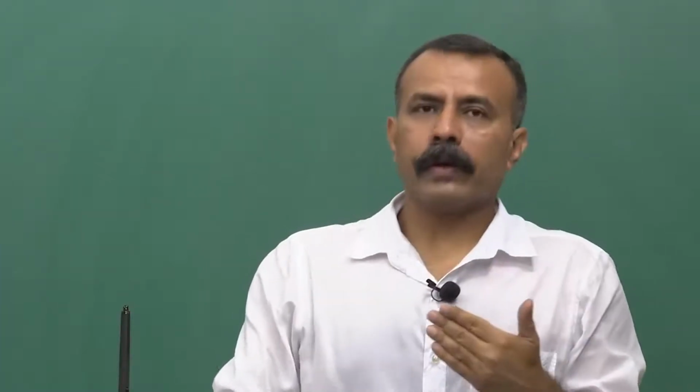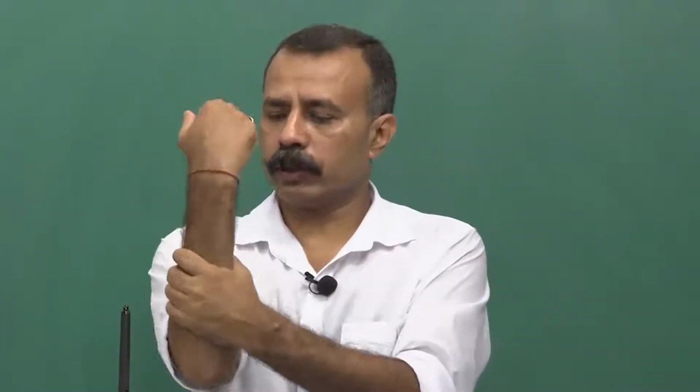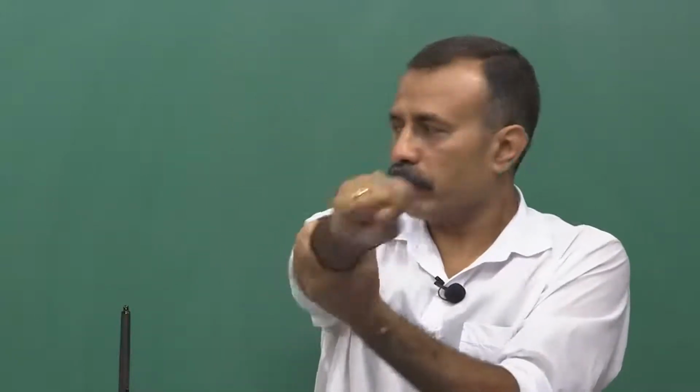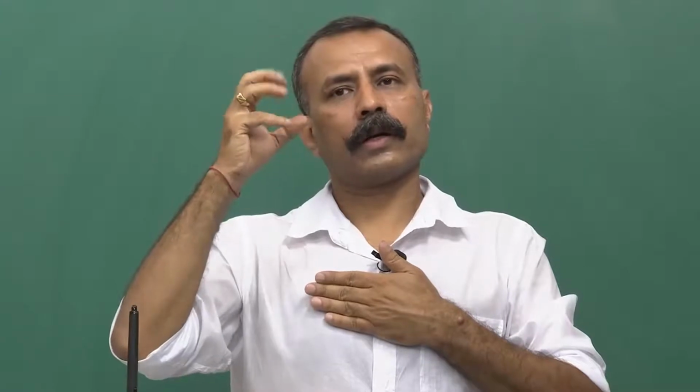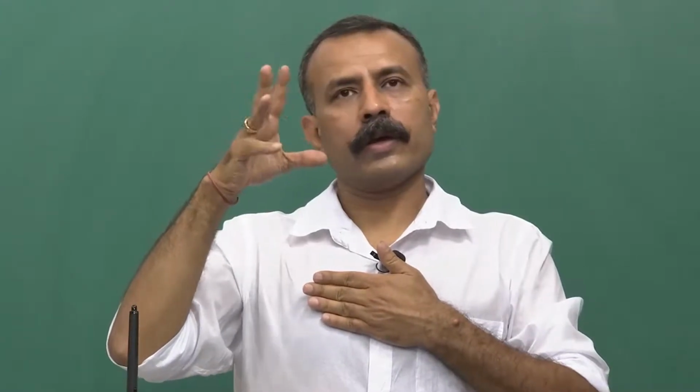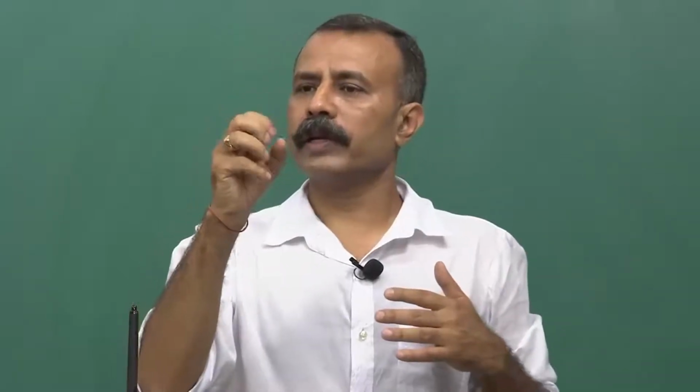Now, compare the amount of force you exert using these muscles with the way your heart beats. Say, for example, go to a very silent room, take a stethoscope, place it here and try to hear the sound, tuck, tuck, tuck, tuck, like this. It will seem to you as if something is beating like this.